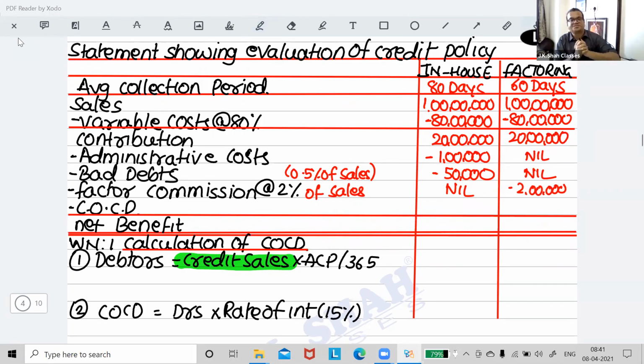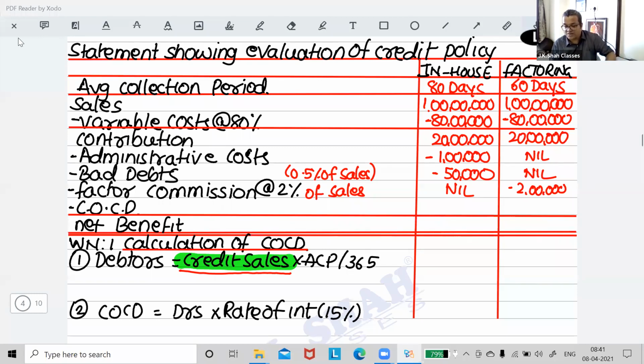Understood? Okay. Talk about cost of ceiling. We know now, as we have already discussed and I have already highlighted also, that when we come to any question that involves factoring, everywhere we'll take directly credit sales. Okay, fine. Our credit sales is 1 crore into the average collection period in-house divided by 365.